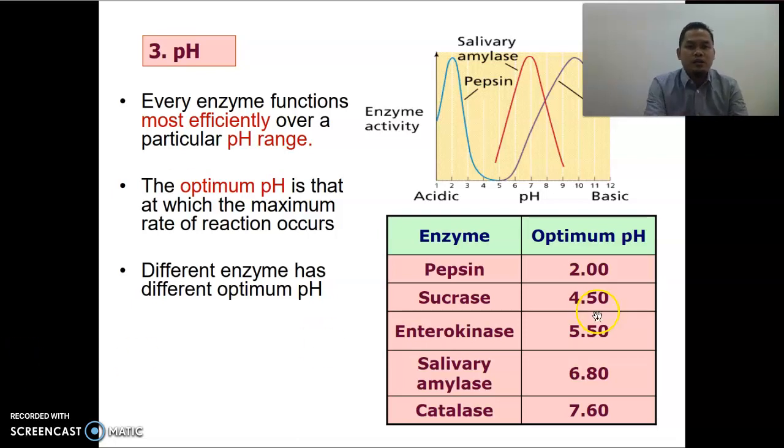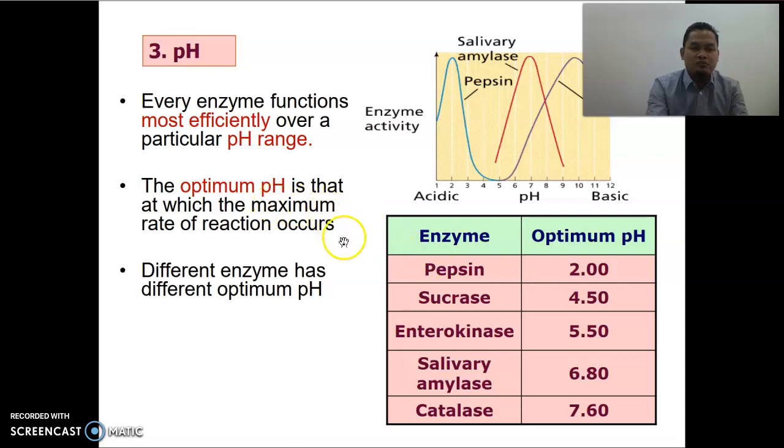For example, pepsin adalah optimum pH in the acidic condition. Salivary amylase adalah berada optimum pH iaitu maximum rate of reaction pada keadaan neutral. Manakala katalis adalah pada keadaan basic. So setiap daripada enzim ini mempunyai specific optimum pH di mana maximum rate of reaction occur.